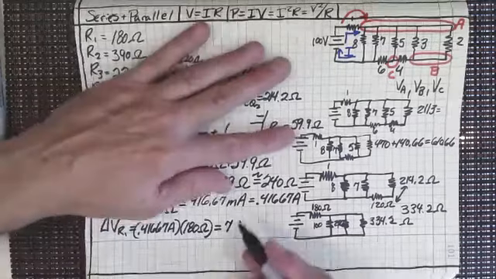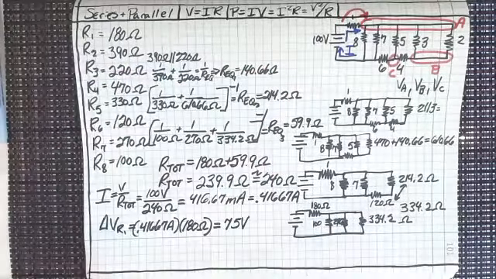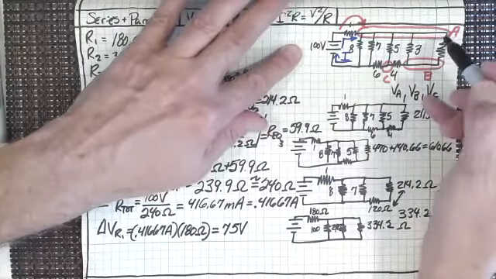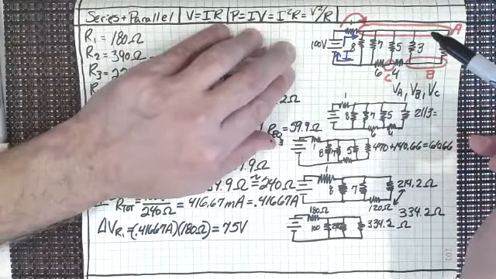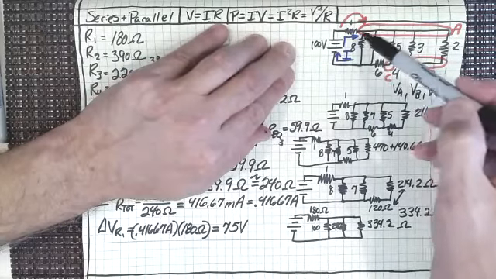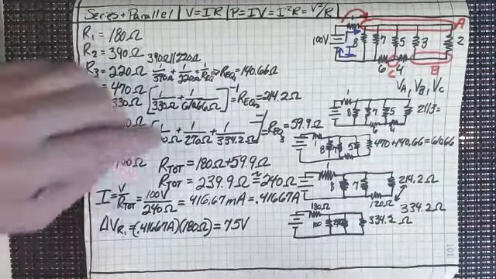Oh, wait, yeah, okay. 75 volts is the voltage drop between this and this. And so what you can see is a lot of the current, I'm thinking, is going to be flowing down through here. So this spot right there, the voltage drop is 75 volts.